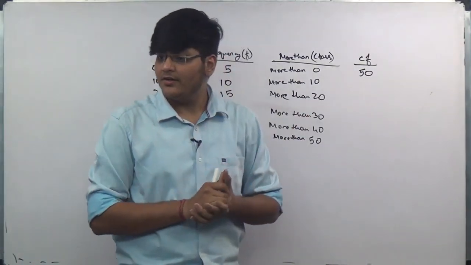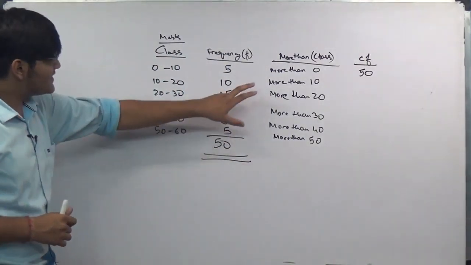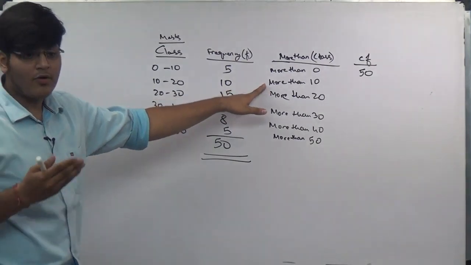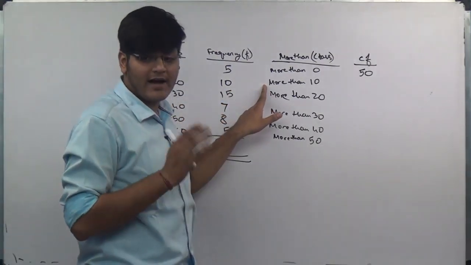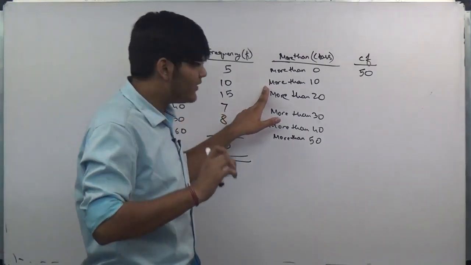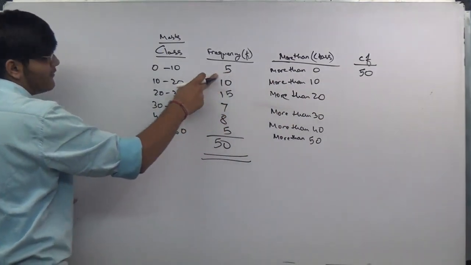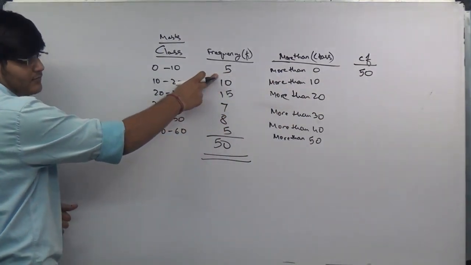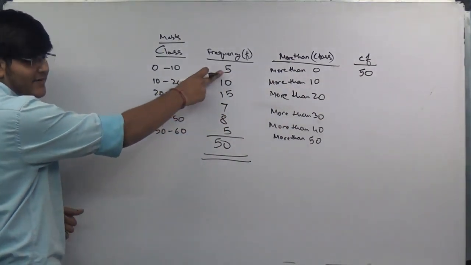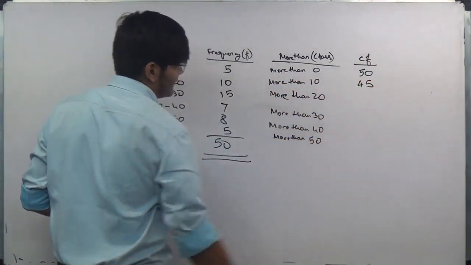Now if we say more than 10, that means people who have scored below 10 have to be excluded from this. So 50 minus the number of people who are below 10. 0 to 10 frequency is 5. So we will exclude 5 from 50, comes down to 45.